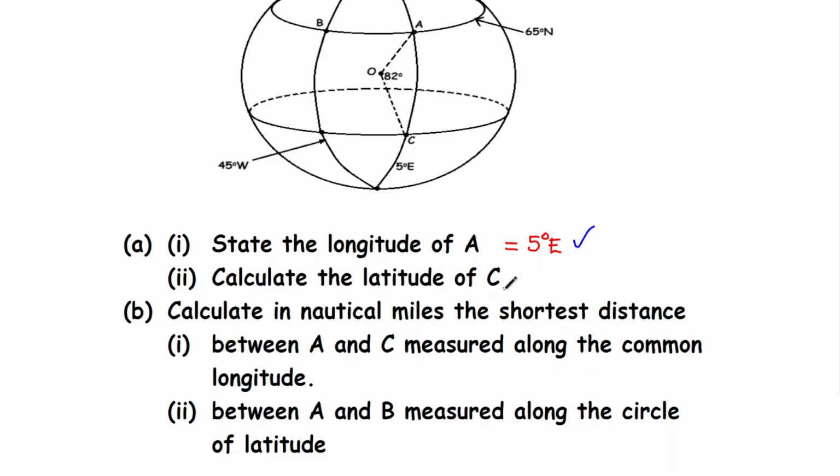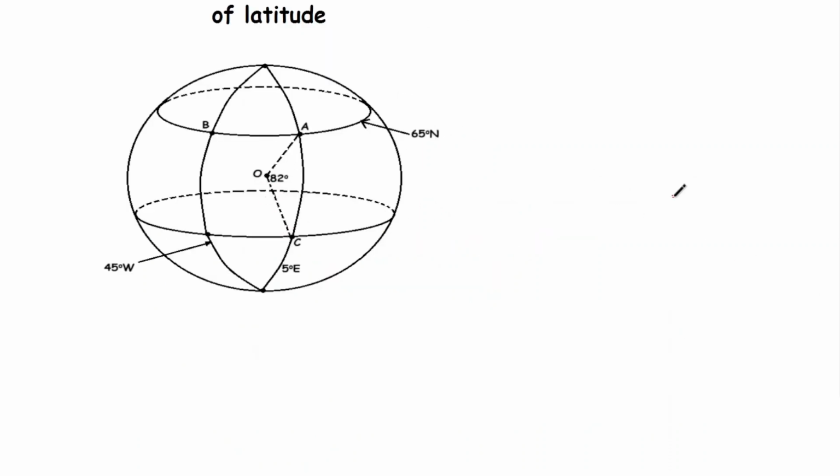Calculate the latitude of C. What is the latitude of C? For us to get this latitude of C, we need to make some small arrangement here. So I've just brought us down to a certain diagram. If this is a center of the latitude down here, let's call it center D, and we join this center D to point C. Again we have another point here as the center, we can call it E. Then we can also join this to center E. So let the latitude be alpha.